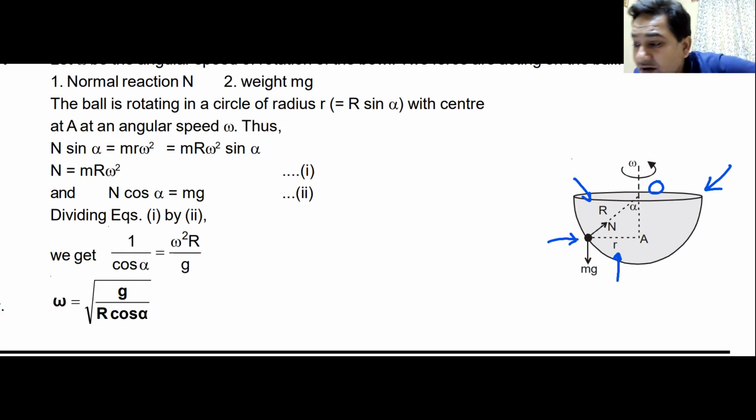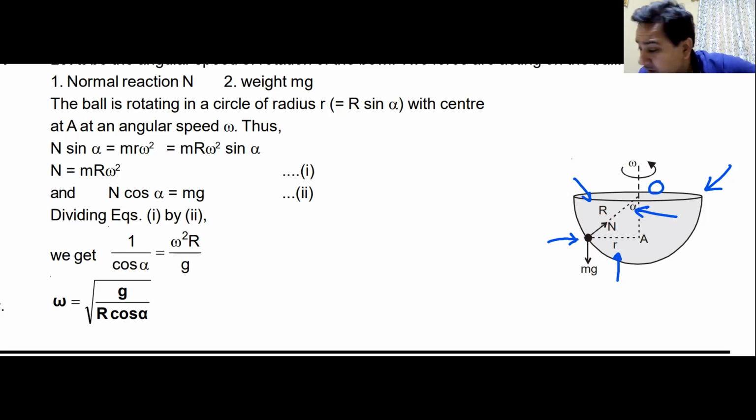The small r is the radius of the horizontal circle on which this bead is rotating, and this is the value of alpha, the angle that it makes with the vertical.